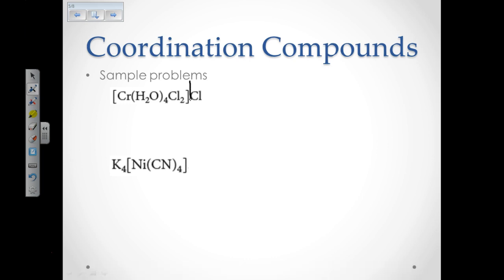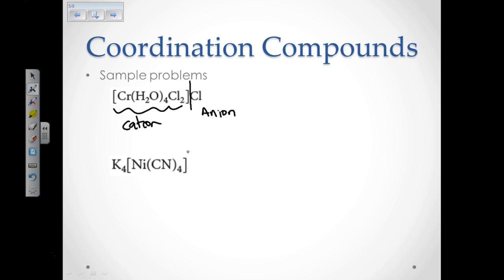But what I'm going to do is cut the compound in half and name the two halves. I have this half here, which is the negative side, the anion. And then I have this side here, which is the cation, which just happens to be a complex ion.